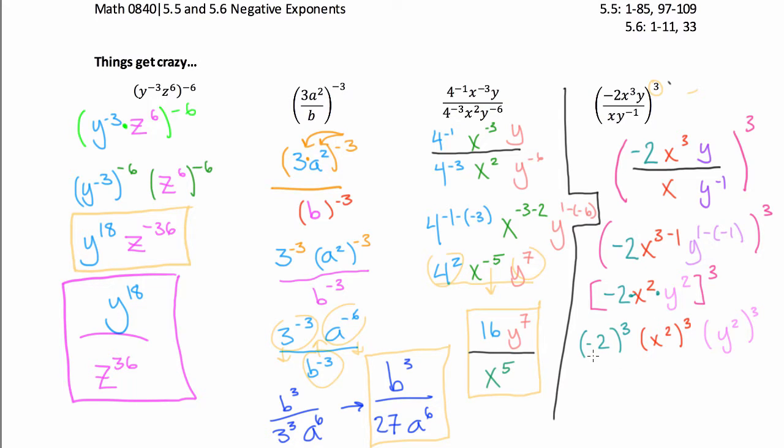Now, negative 2 times negative 2 is positive 4, times negative 2 is negative 8. x squared cubed is x squared times x squared times x squared, so x to the 6th. And then I've got the same thing, y squared cubed, that's also going to be y to the 6th. And that is my final answer.